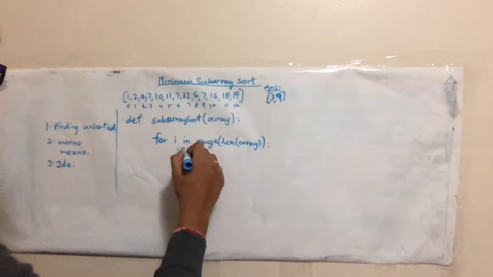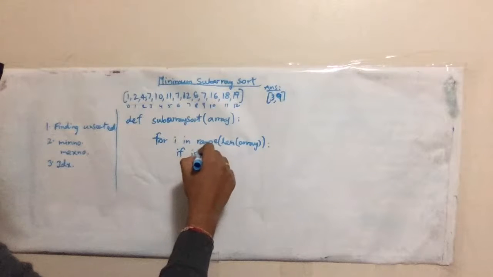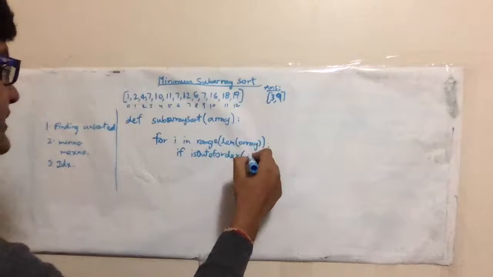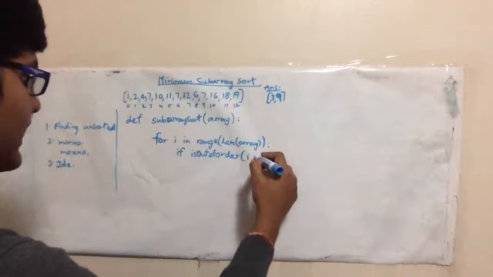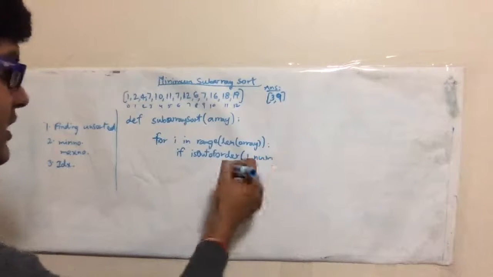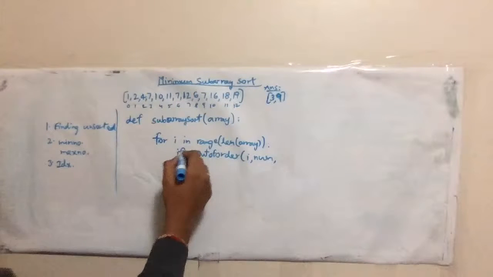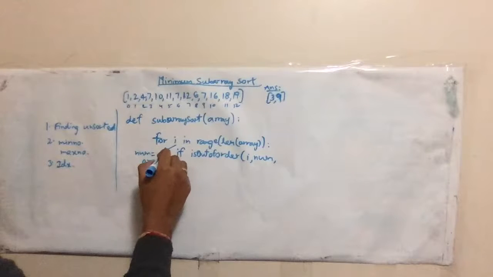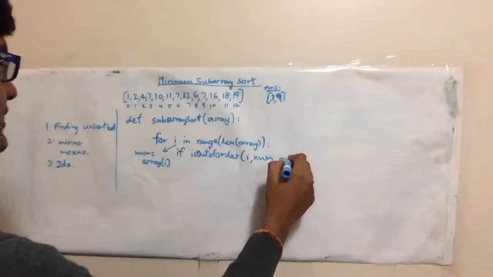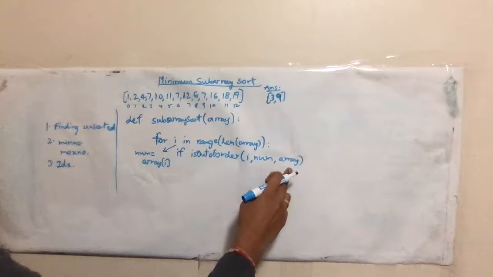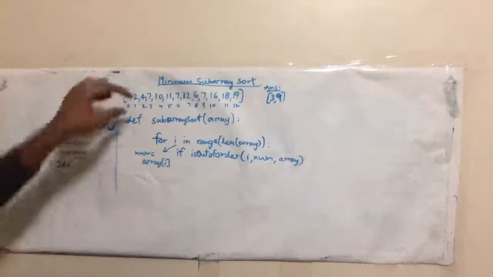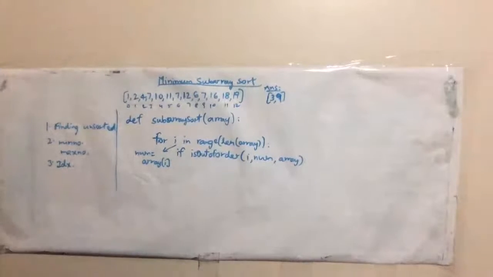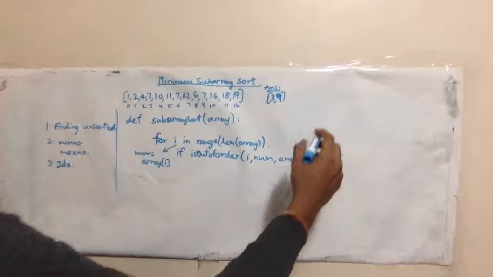For example, if is out of order, for that specific element, we need to pass the index of that element and the number, where number will be equal to array of i, and the array itself. Why are we passing the array? We need to check with the previous number and next number, and so on. So there is a little bit of logic there we need to discuss.